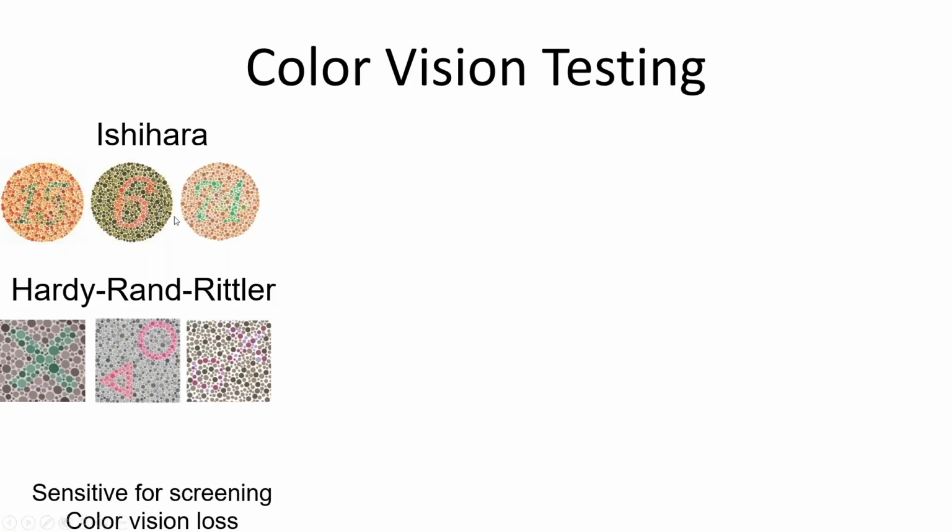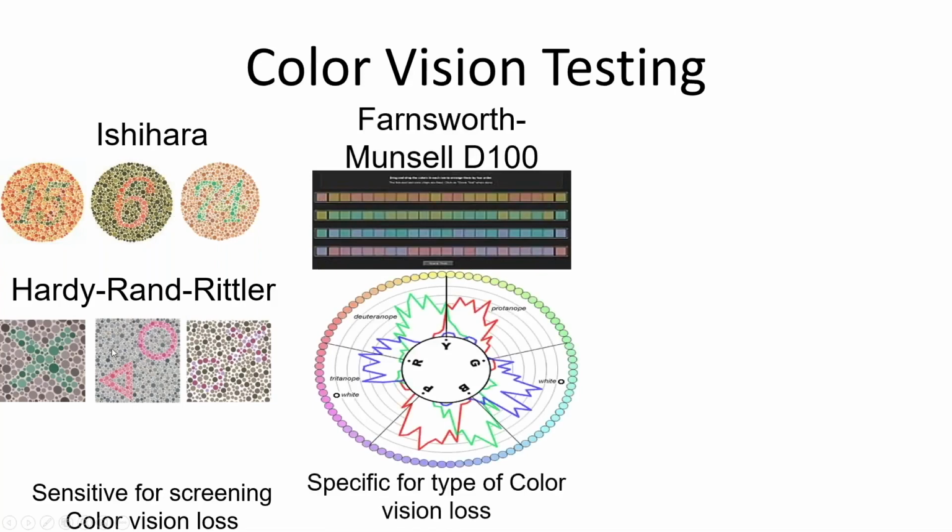The Ishihara plates can screen for red-green color blindness, whereas the Hardy-Rand-Rittler can screen for red-green or blue color blindness. They're very quick tests and easy to perform. The Farnsworth-Munsell test is an arrangement test where you have 100 different little blocks that you can arrange either on a computer screen or in real life to try and recreate this arrangement of different hues around the rainbow.